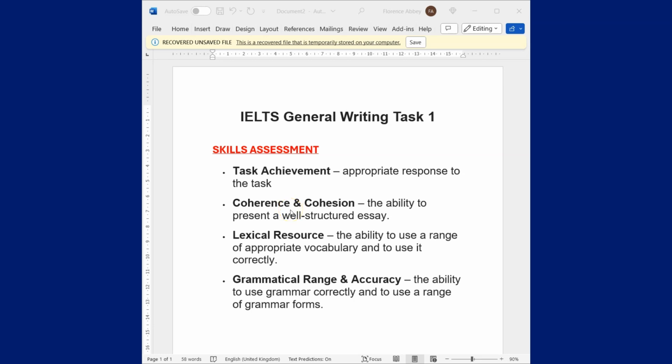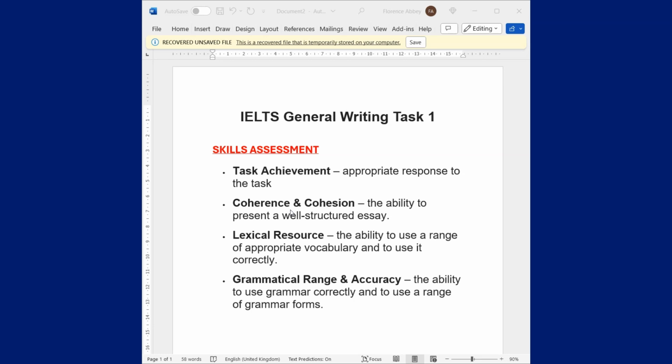that is what we call coherence and cohesion. Coherence here means that you're able to write in a way that is well understood, and cohesion means that you're able to combine your ideas in a way that flows well, such that it's easy for the examiner to follow.